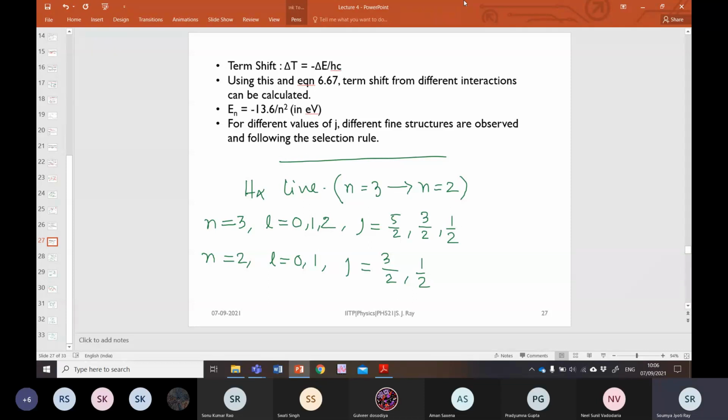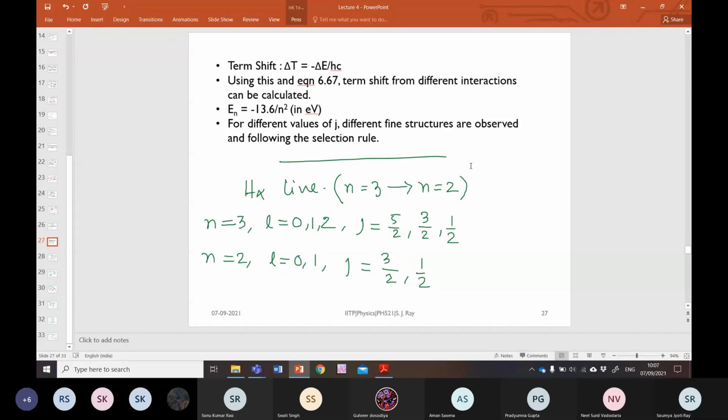Those spectral lines lie in the visible, ultraviolet or IR regions, which I explained earlier. If you remember, there are basically three primary series which are commonly observed. Now this fine structure spectra, as it is a correction added to the originally present, or unperturbed, energy level, means that there will be some shift in the energy, or the wavelength or the frequency, of those spectral lines which we already discussed earlier.